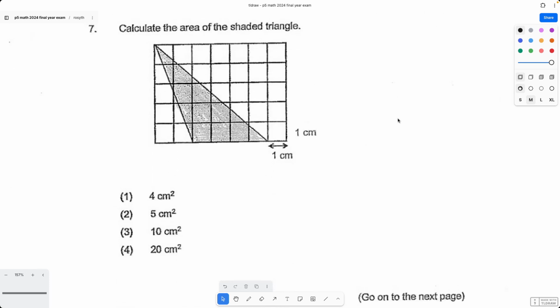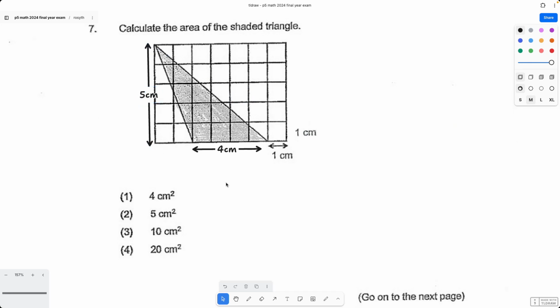All right, let's move on to question 7. Calculate the area of the shaded triangle. So over here, we have 1, 2, 3, 4. In this case, this is 4 centimeters. And then over here, we have this as well. So we count 1, 2, 3, 4, 5.